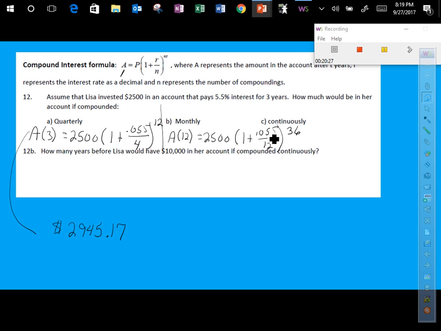So we made the decimal smaller, but more compoundings. And if you run that through, you should get $2,947.37. Notice that we compounded the money more, so your interest made interest faster.